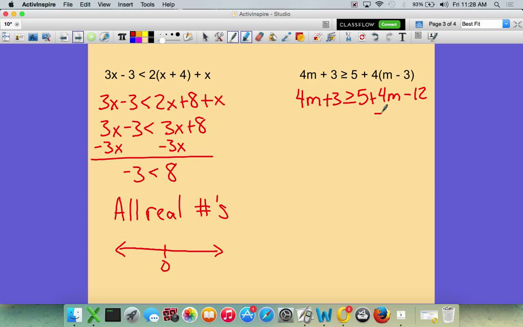So when we subtract the 4m's, they drop out again. So we've got 3 is greater than or equal to negative 7. Is that true? Yes, it is. So this would also be all real numbers.